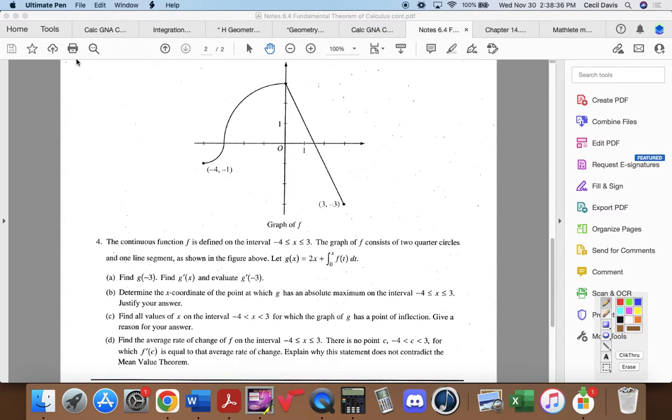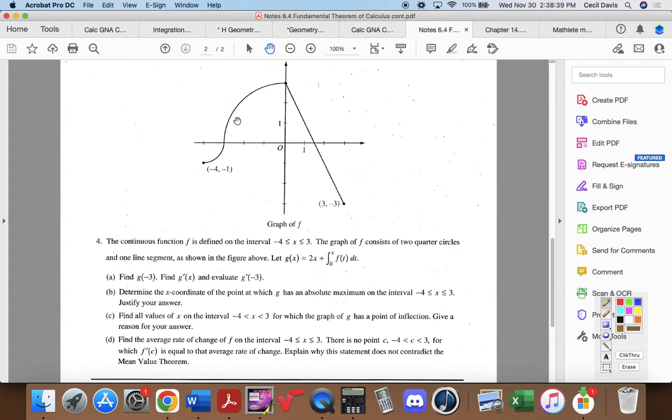Well, we know that g prime of x is equal to 2 plus f of x, right?